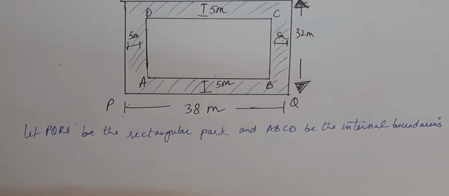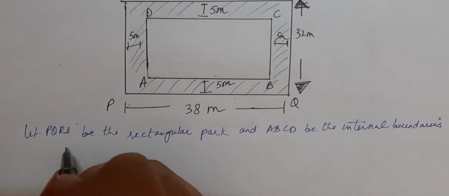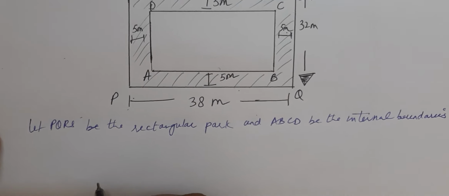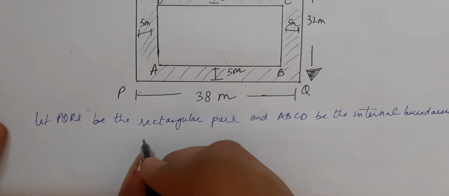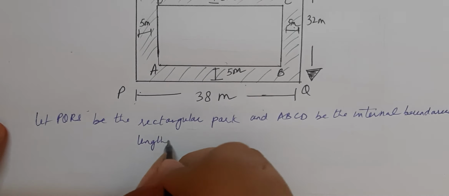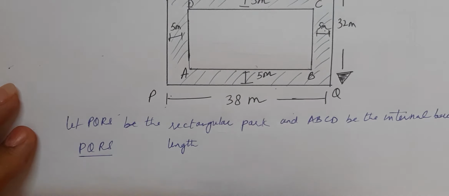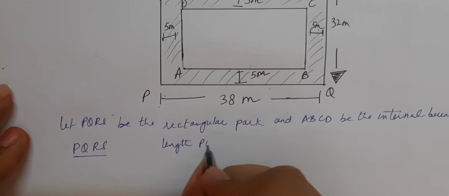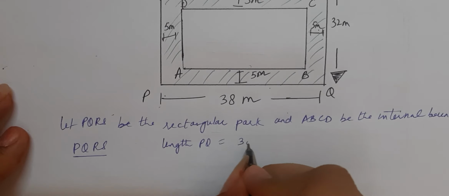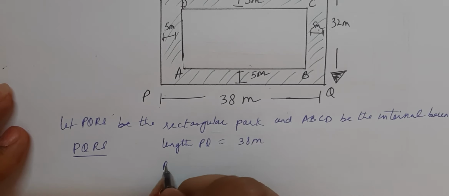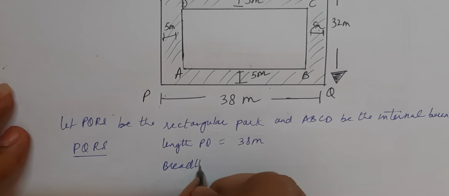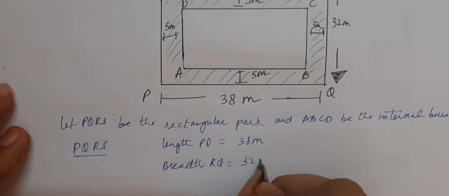Now we will write what we have here first. In rectangle PQRS, length PQ is 38 meter, breadth RQ is 32 meter.